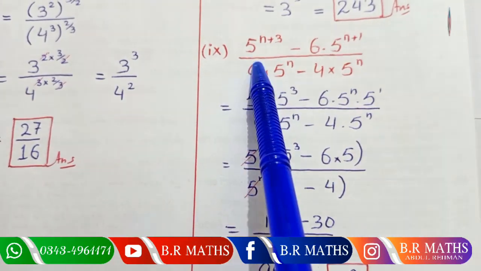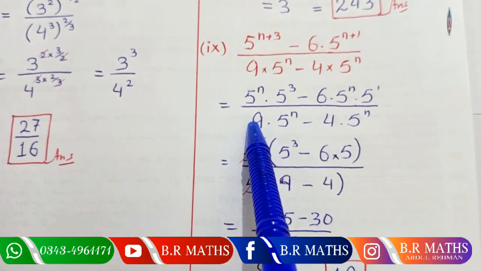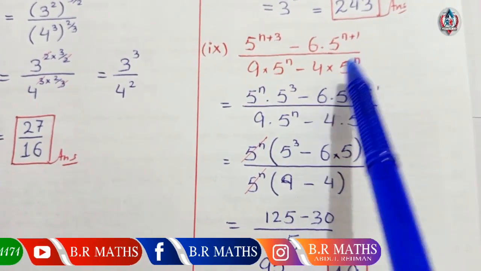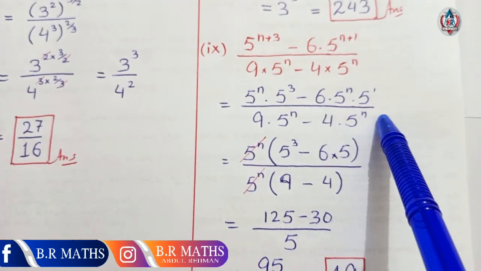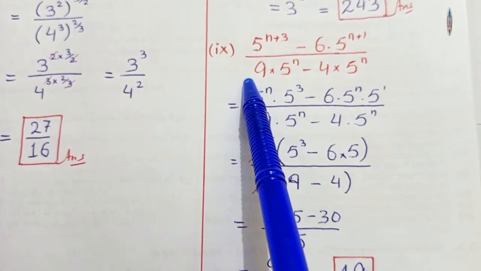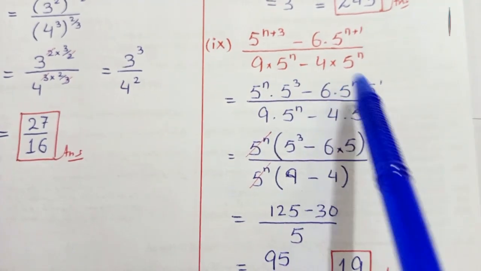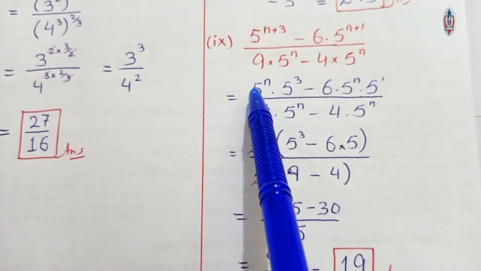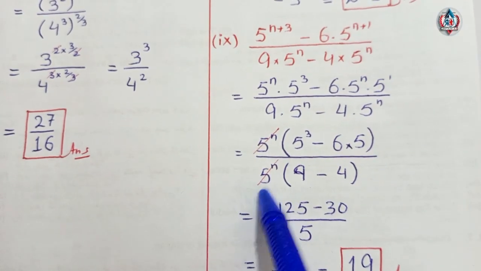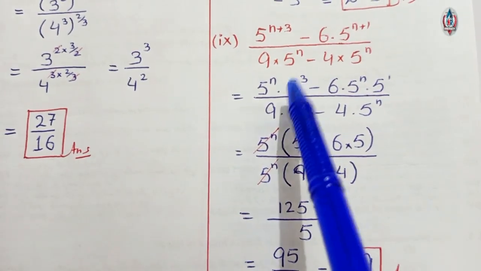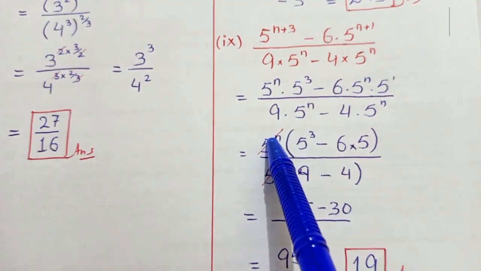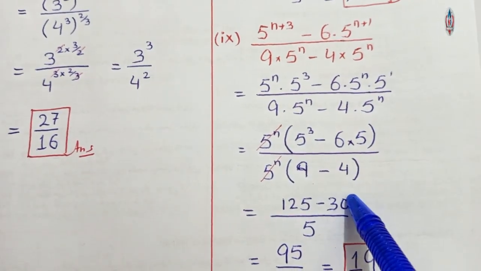Students, simply split in the numerator: 5 raised to power n times 5 raised to power 3 minus 6 times 5 raised to power n times 5 raised to power 1, and in the denominator all terms are already split. So take the common 5 raised to power n from numerator and denominator and cancel it, and the remainings are 5 raised to power 3 minus 6 multiplied by 5, and in the denominator 9 minus 4.